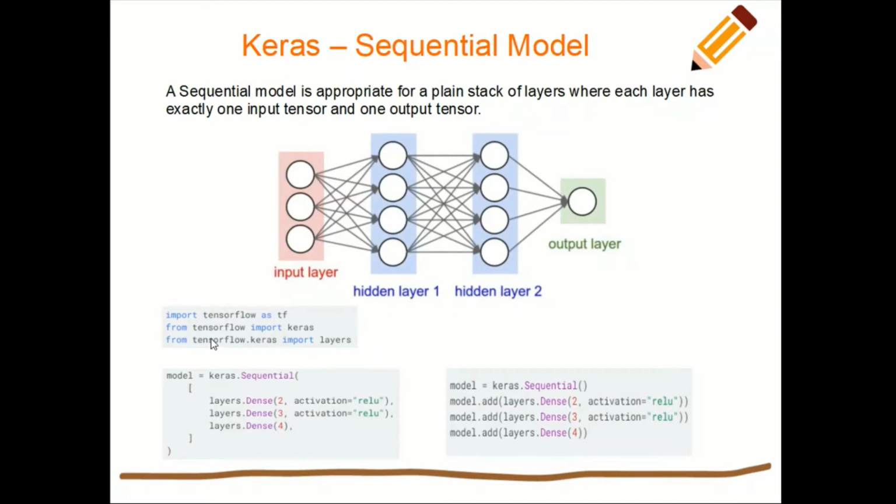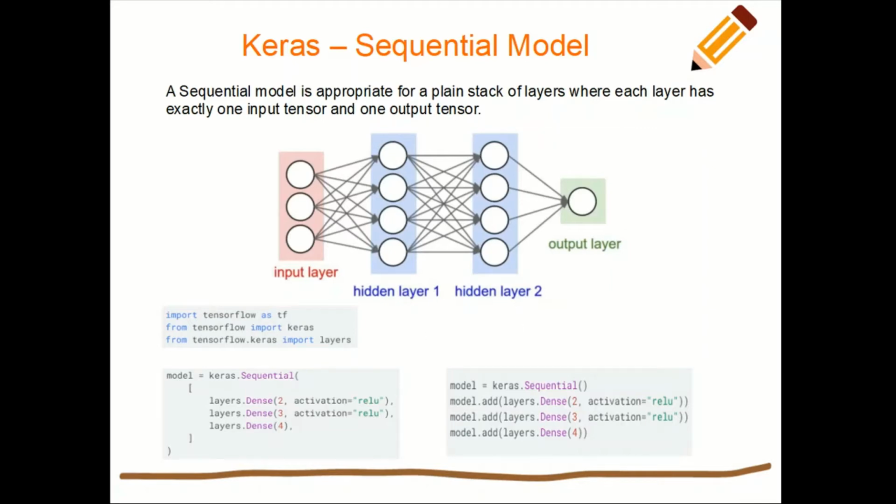So let's quickly take a look at the imports which are required. The first import that is required is Keras, which we import from TensorFlow. Just to give a little bit of history here, in version 1, Keras was an independent library, but in TensorFlow 2 Keras is rolled into TensorFlow itself.